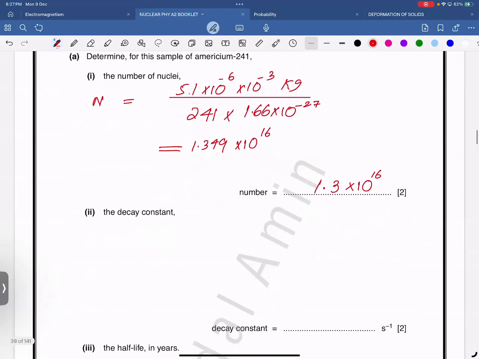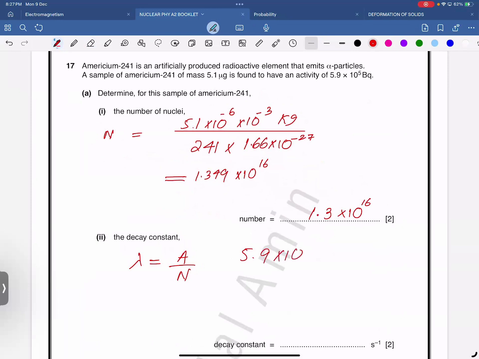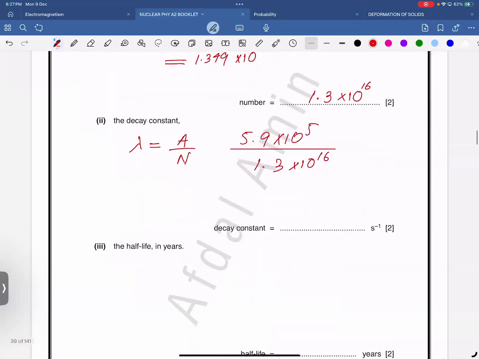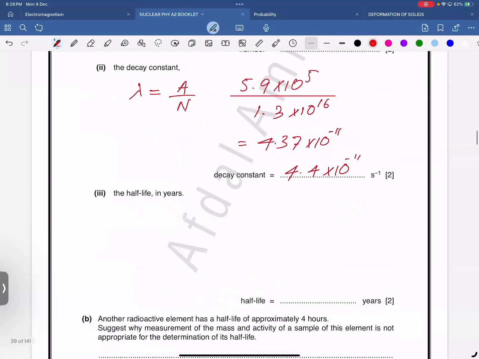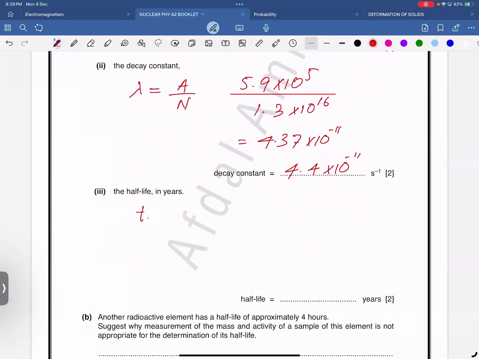Decay constant. How do you do? Lambda is equal to 9 into 10 power 5 over 1.3 into 10 power something. 4.37 you said. Half-life. Lambda you have, so half-life is log 2 over the decay constant.